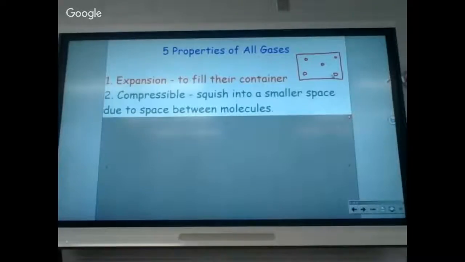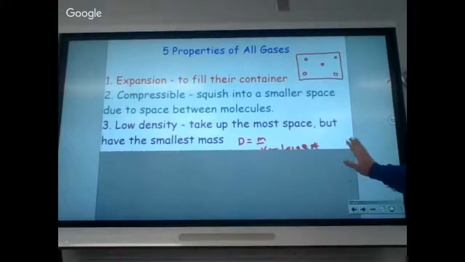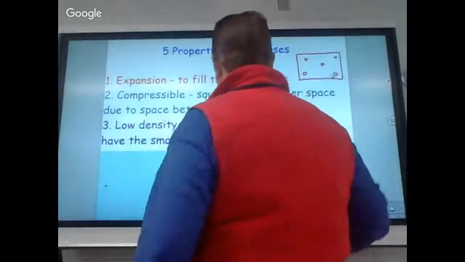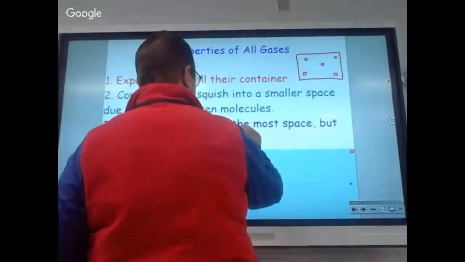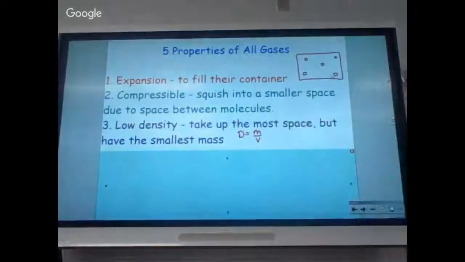Ask you something. Number 3. Gases have a low density. All right? Now, why do gases have a low density? Why are gases such a low density? I was gonna say they float.